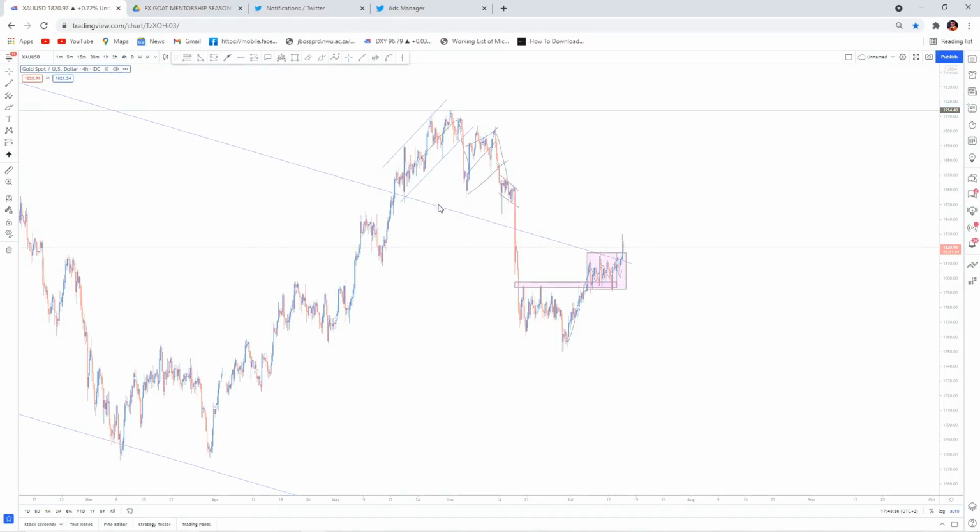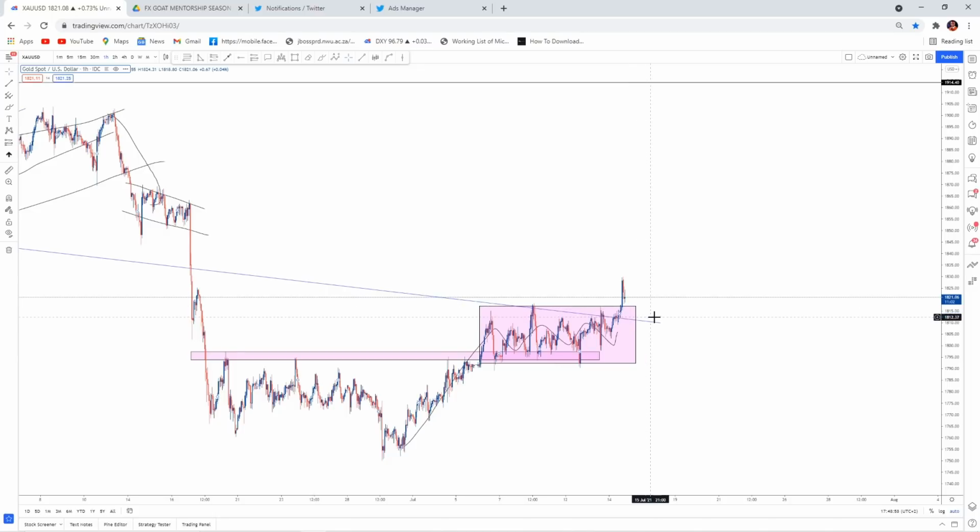But let me make sense of what happened. So here guys, as you can see, it's a continuation pattern. It went out and took off from that level.